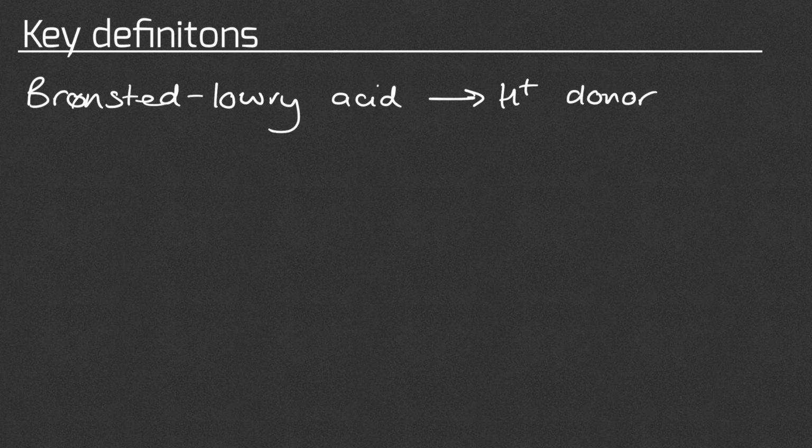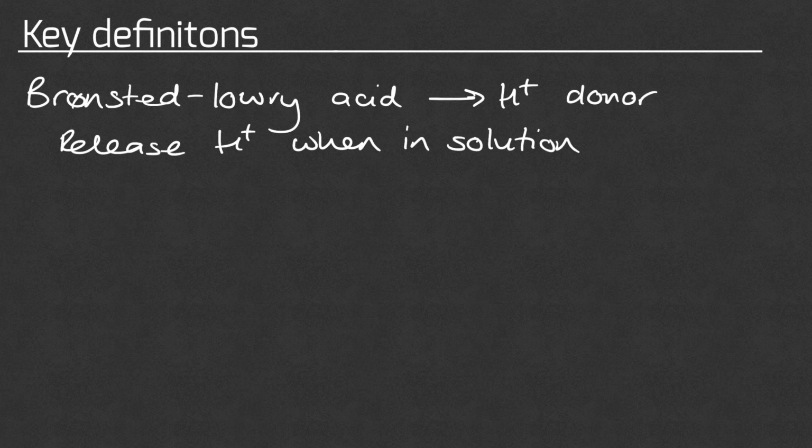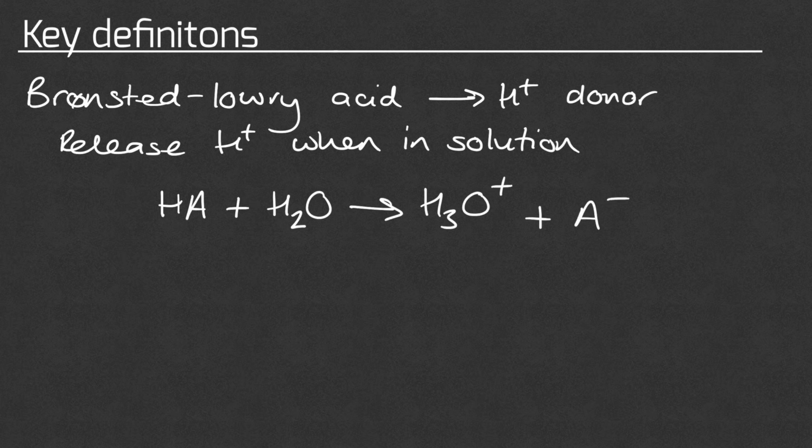So a Bronsted-Lowry acid is one which is a H+, a hydrogen ion, or a proton donor. It releases H+ when it's in solution. So this equation shows how a general acid, HA, when it reacts with water, forms a hydroxonium ion, H3O+.